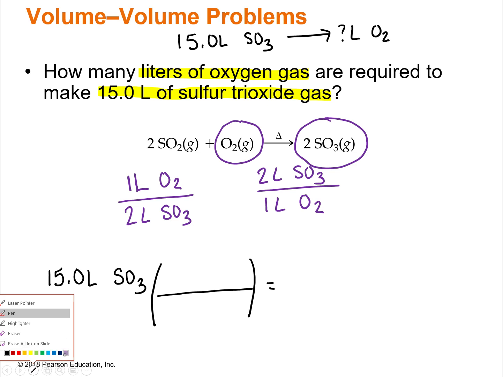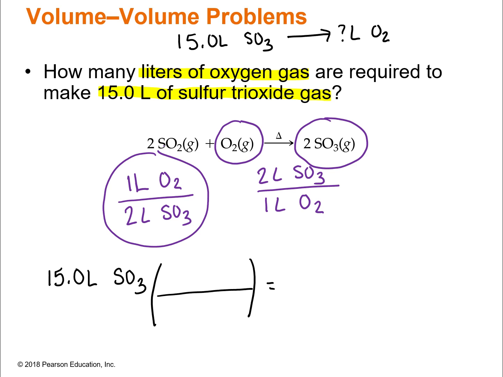So this time, we need to have sulfur trioxide in the denominator. That means we're going to go with the first one.